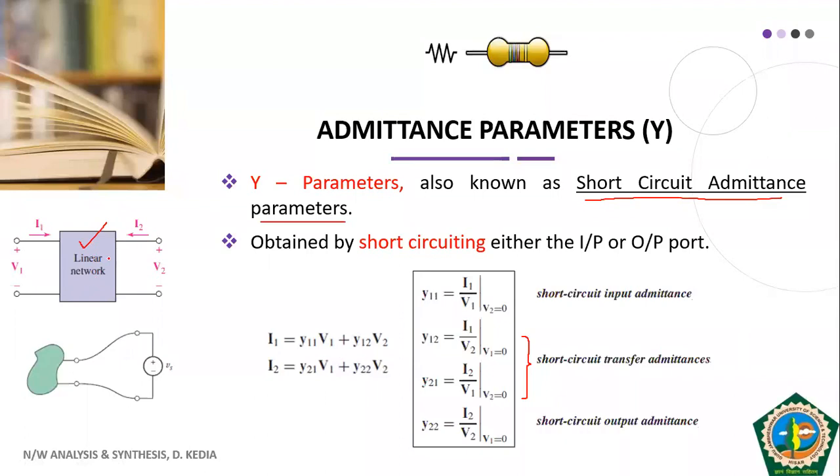So if we represent this linear network with the help of Y parameters, then obviously we need to solve our circuit for V1, I1 and V2, I2. In order to represent this linear network in terms of parameters, we need the values of these parameters, that is Y11, Y12, Y21 and Y22.